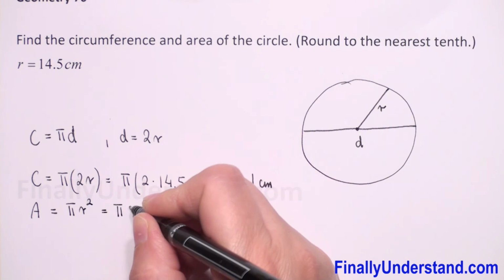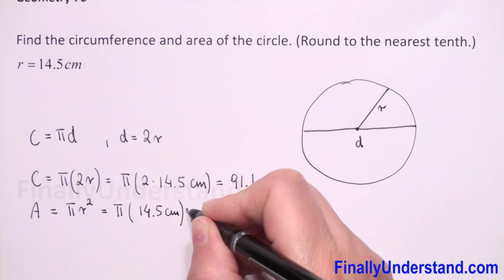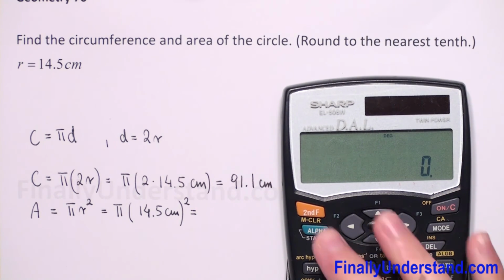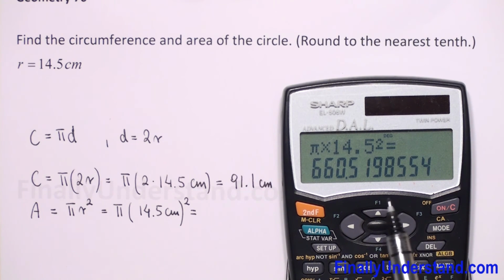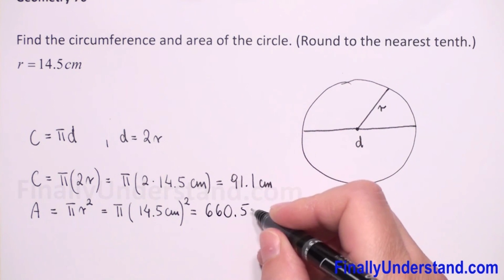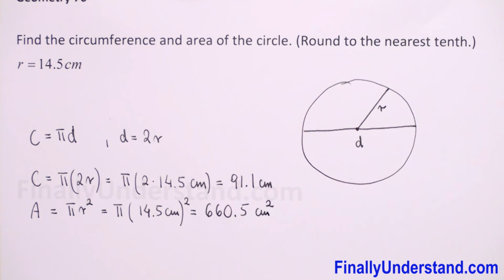So we have pi times r, which is 14.5 centimeter to second power, so this is equal pi times 14.5 squared, and we have to round to nearest tenth, so it will be 660.5. Of course, square centimeter. This is my solution.